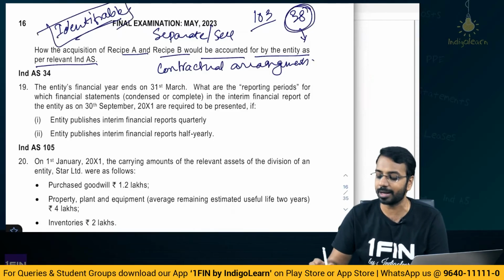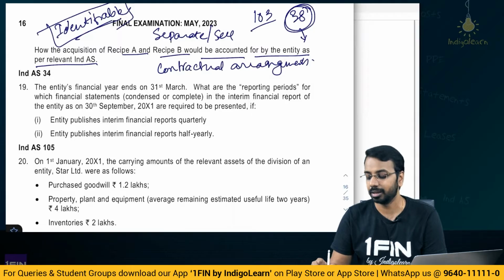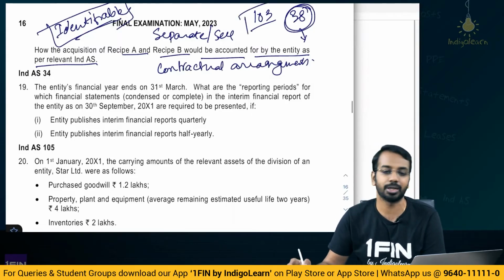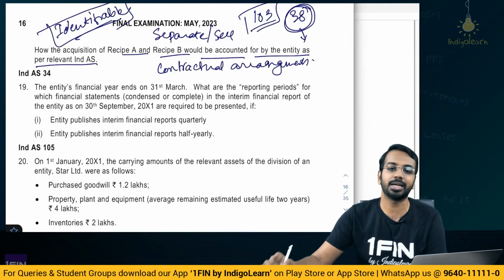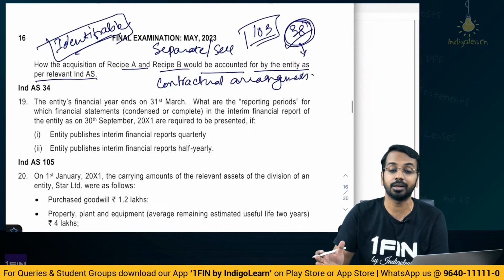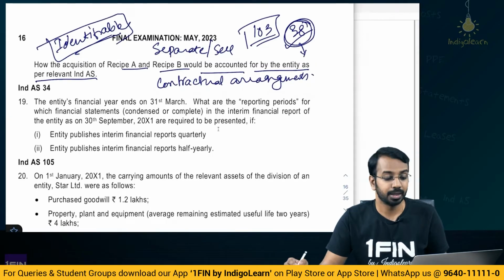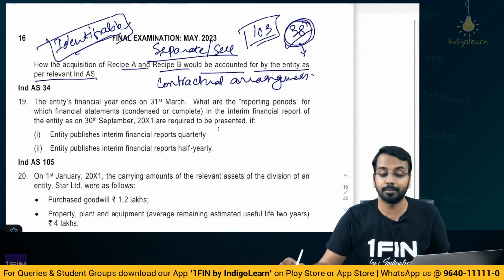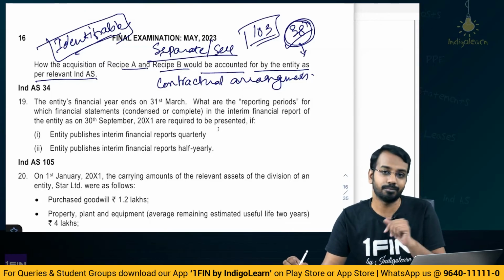Only when it is identifiable under Ind AS 38, then you will recognize it as an intangible asset for the purpose of acquisition date accounting. Now, whether it is identifiable as per Ind AS 38 or not, you need to see whether it is separable. Now, when is it separable? It is separable when you can separate it and sell it in the business.